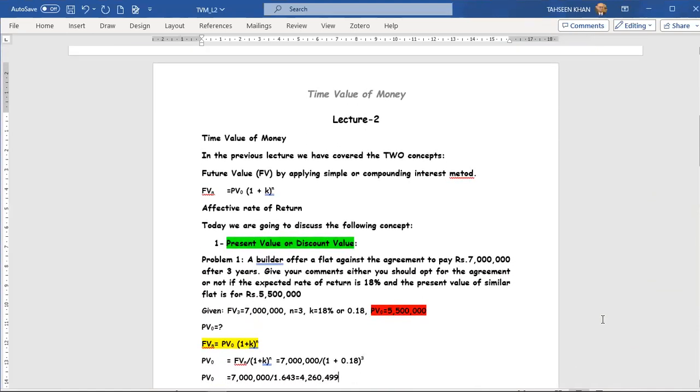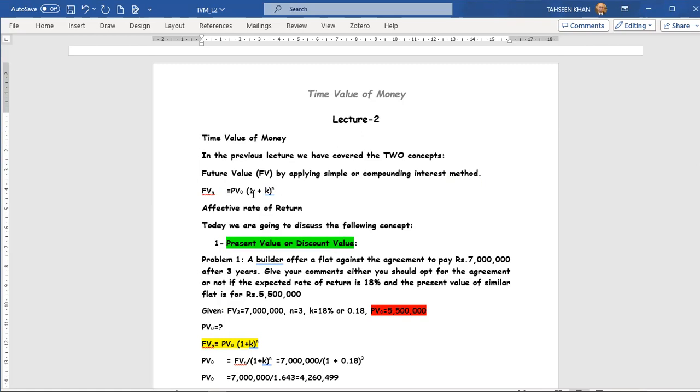In the previous lecture, we covered the future value by applying the simple and compounding interest methods. The formula for the compounding method is PV naught times (1 plus K) power N, and we also derived this formula in the previous lecture.